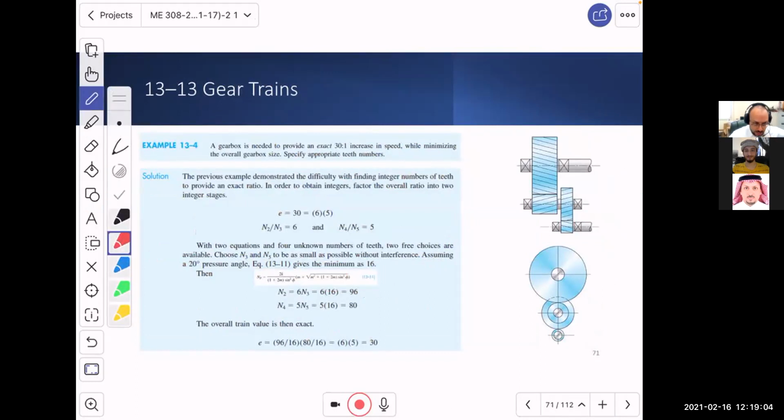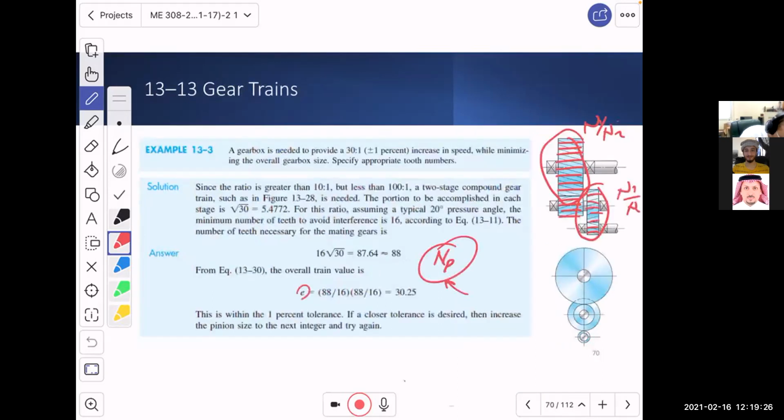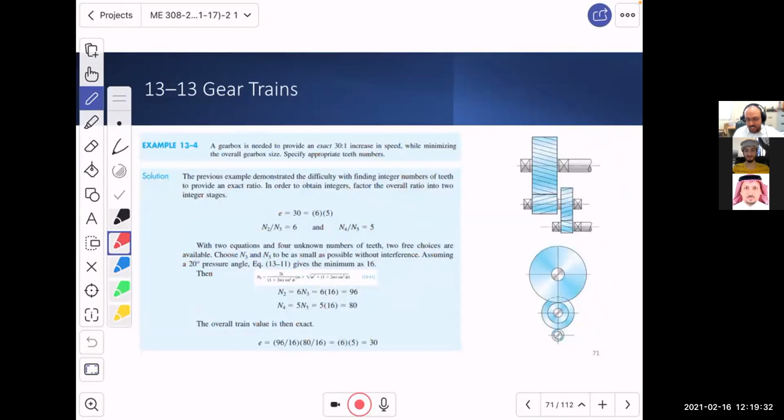So what happened over here? Look at the other example. This is a little bit better in the sense that the example says, I want an exact 30-to-1 gear ratio. Exact. Look, this one, we ended up with 30.25. Now, Shabab, this is very funny. Why?